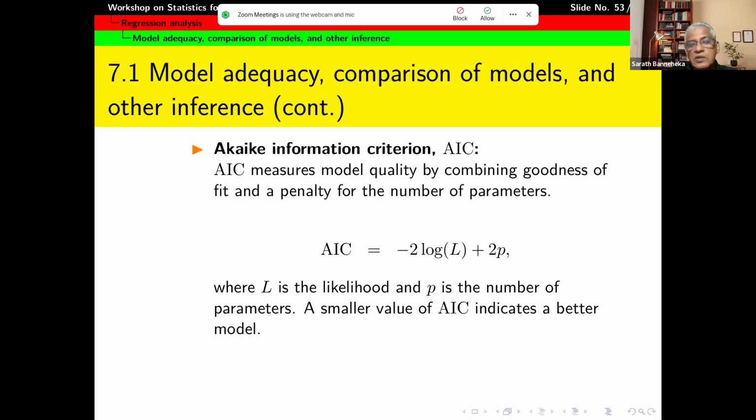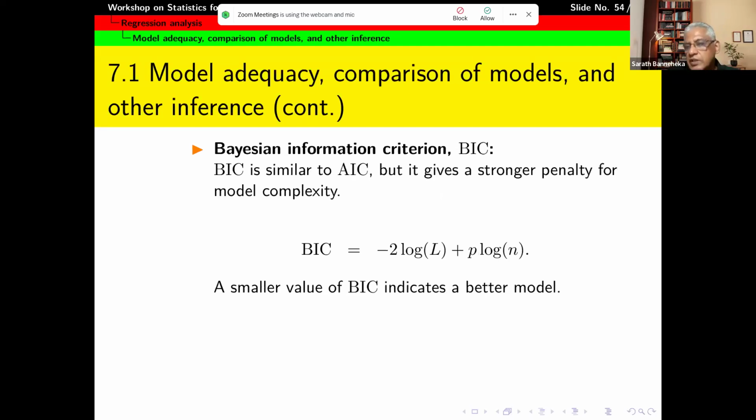The smaller AIC indicates a better model, right? So you can compare the two AIC values. And also there is another criterion called BIC, Bayesian Information Criterion. For that also, the smaller value indicates a better model.